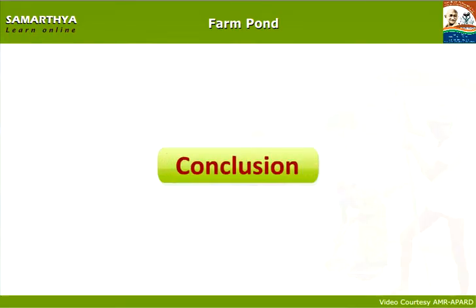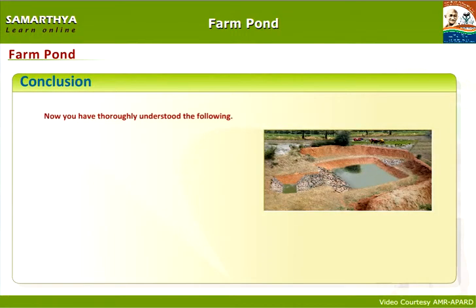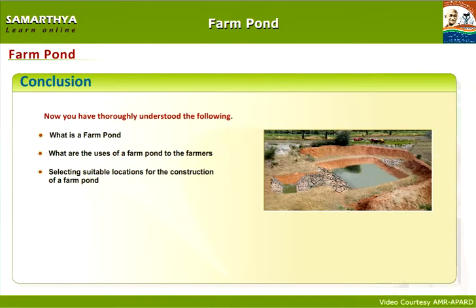Conclusion. Now you have thoroughly understood the following. What is a farm pound? What are the uses of a farm pound to the farmers? Selecting suitable locations for the construction of a farm pound.